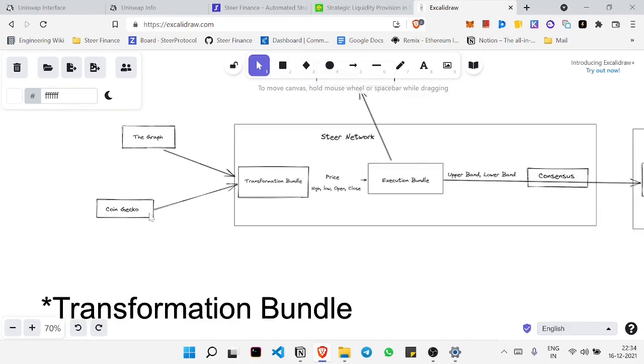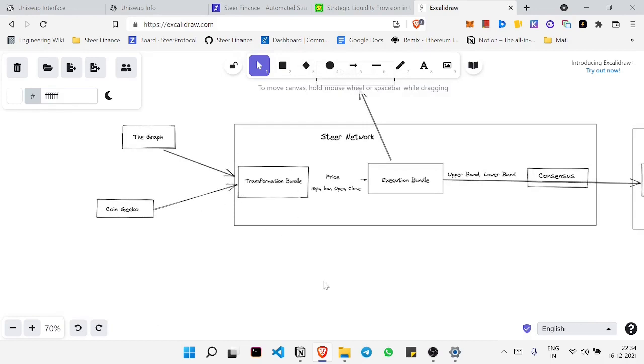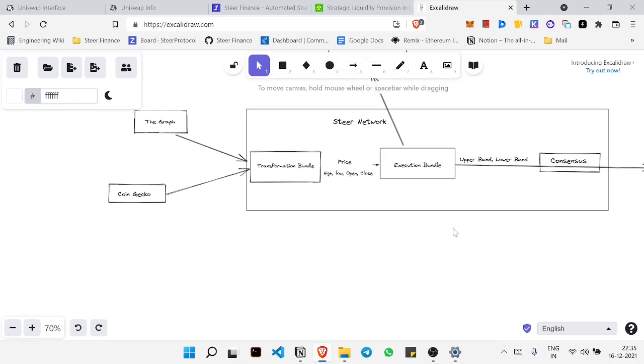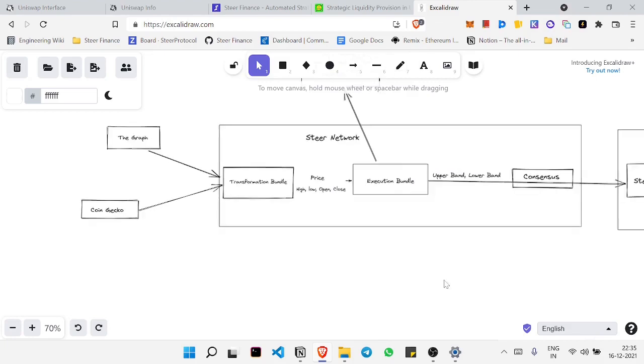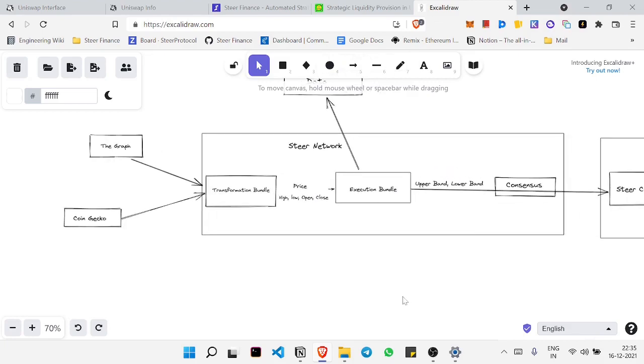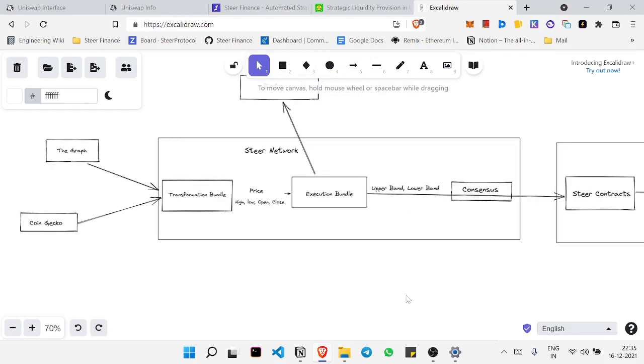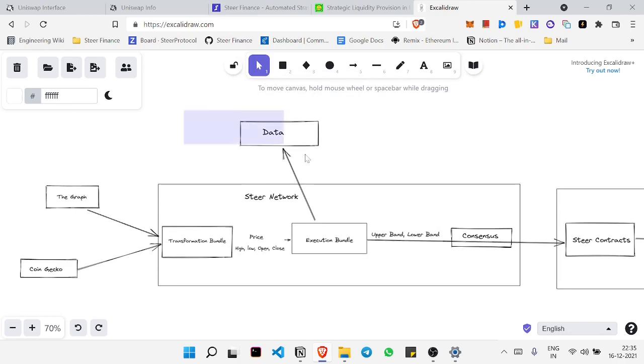The transformation bundle takes data from different sources like the graph and CoinGecko, and it transforms it into something the execution bundle can read. The execution bundle then implements the logic of the strategy. It takes in different factors like the price and sometimes some other data like gas prices or any other variable that is relevant.